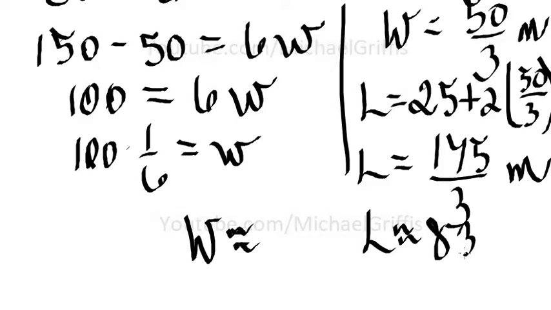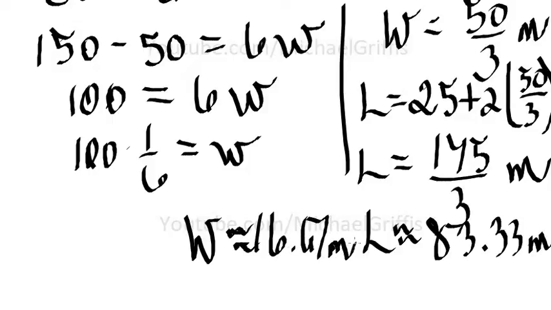We'll round to 2 decimal places. 83.33 meters, and W will be 16.67 meters. Okay.